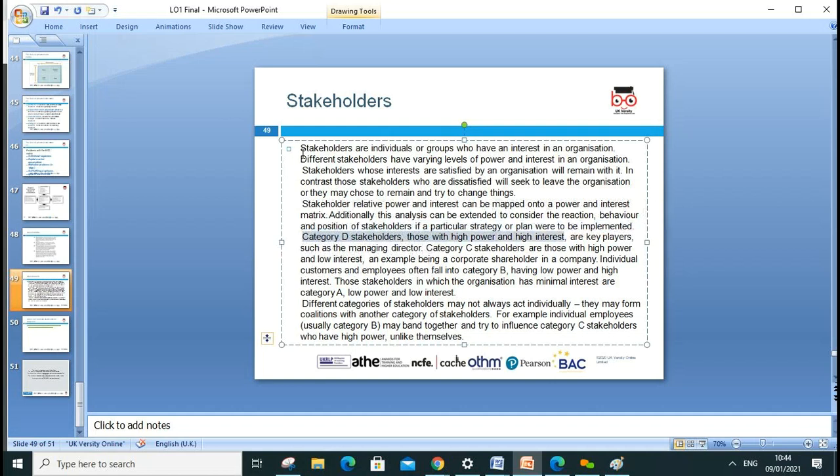Some stakeholders have high interest but maybe low power, some have low power and high interest, and some have low power and low interest. We'll use this matrix in the next lesson when we implement strategies. So we can categorize the different categories of stakeholders, and that will help make the organization and strategy successful. So always keep stakeholders in mind.